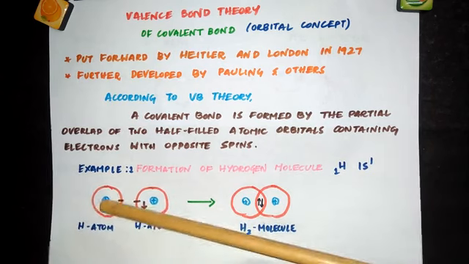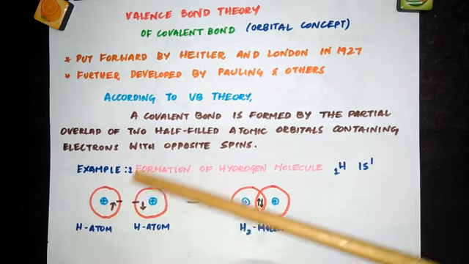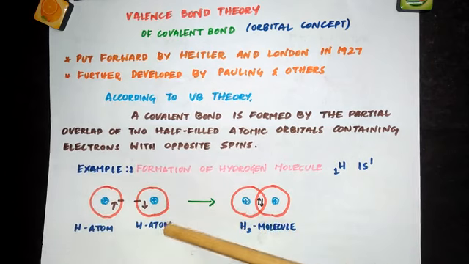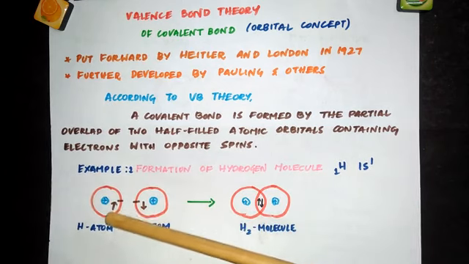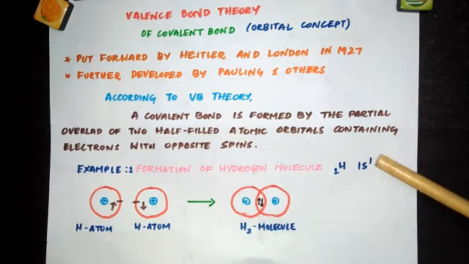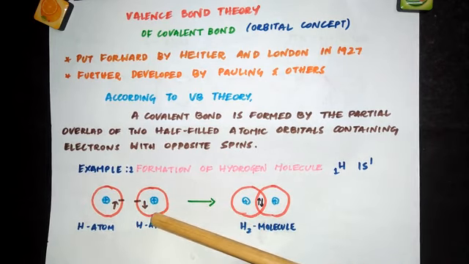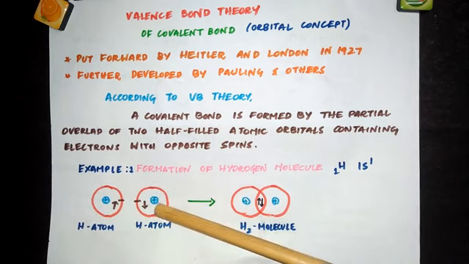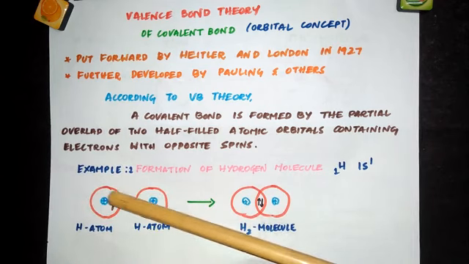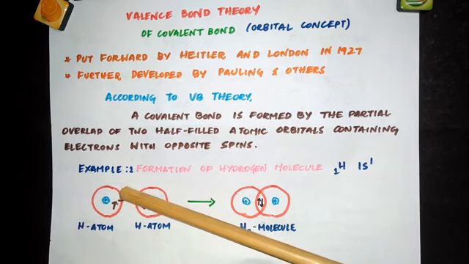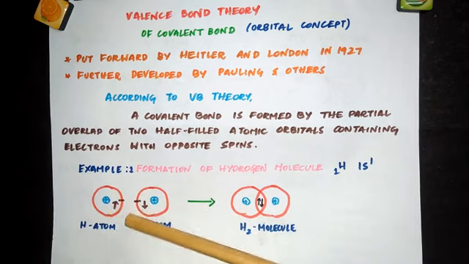Now see, this is the s orbital of this hydrogen atom and this is the s orbital of the other hydrogen atom. Here you have an electron, and in this atom also you have an electron, and both have opposite spins. Now these two atomic orbitals are going to overlap partially like this.